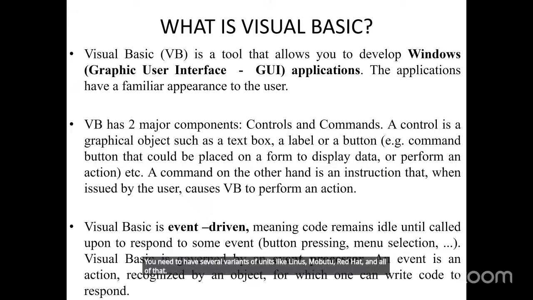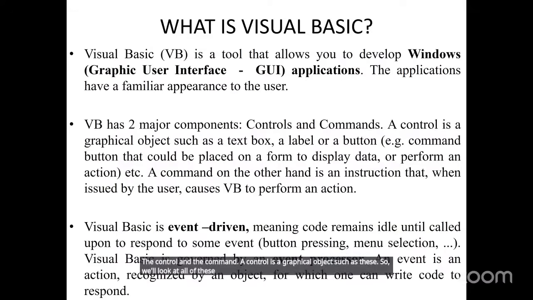But Windows is more of an event kind of thing, whereby the program is written for you and all the end user does is click and trigger an event. So VB has two major components: the control and the command. A control is a graphical object, such as these. We'll look at all of these.